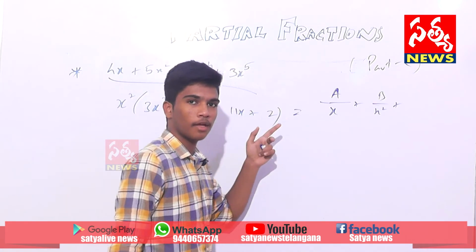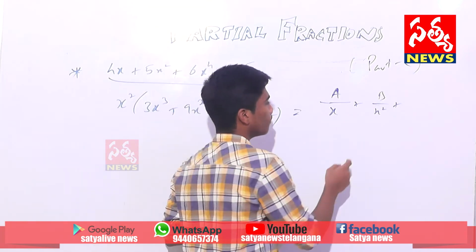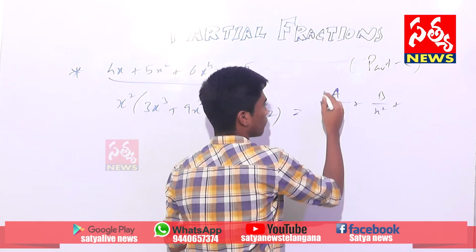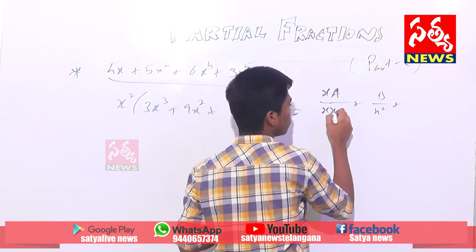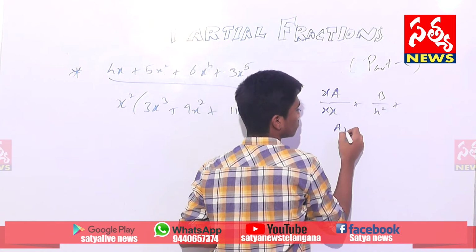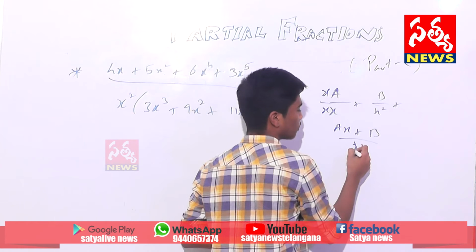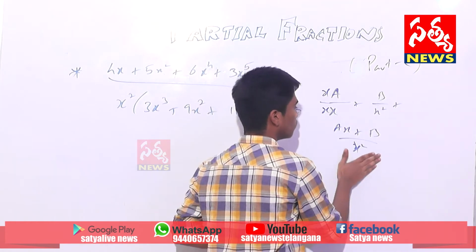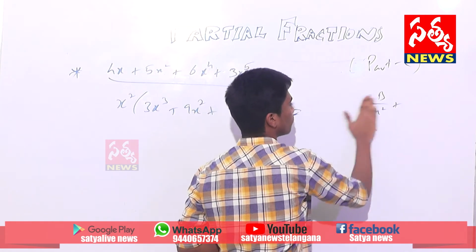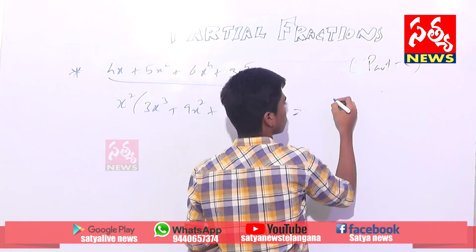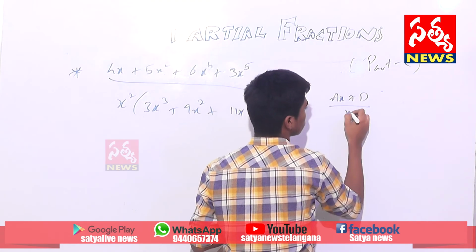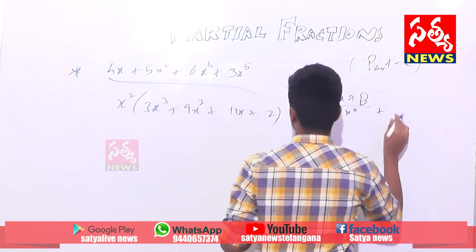Instead of this I am taking that only. It's nothing but the same. See here, if we multiply x here, we get the same thing, ax plus b by x square. These both are same, ax plus b by x square plus.